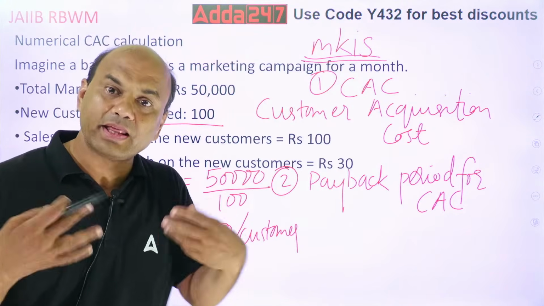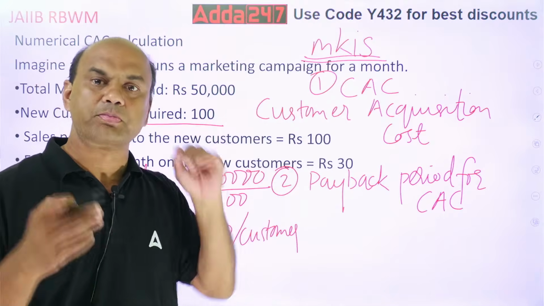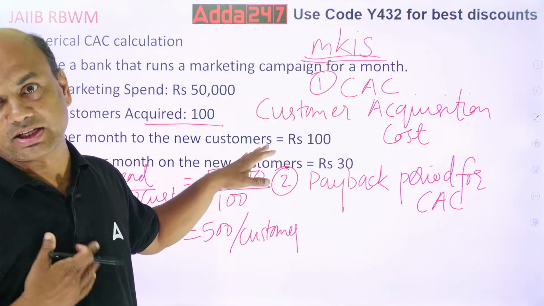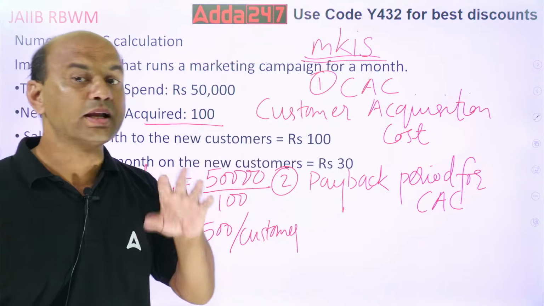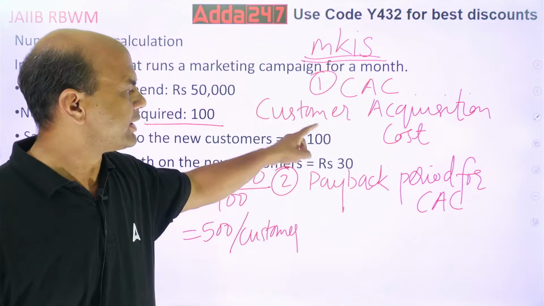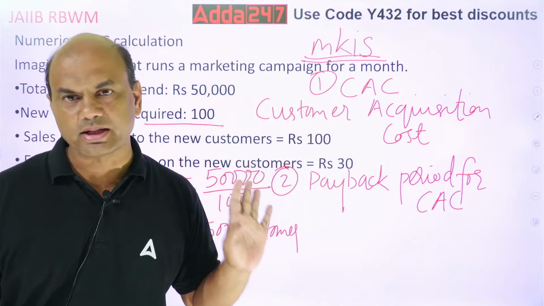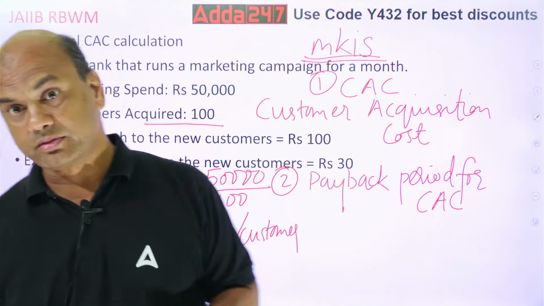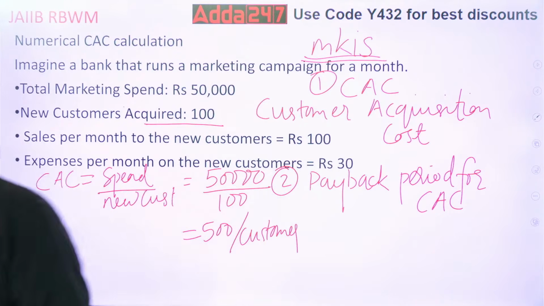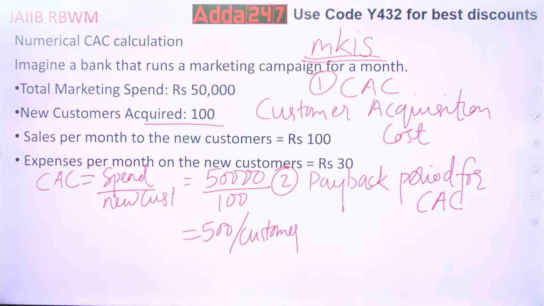I am spending 30 rupees and I am getting 100 rupees of sales from that customer. So what is my net profit then? 100 minus 30. Getting this, everyone? Got it?